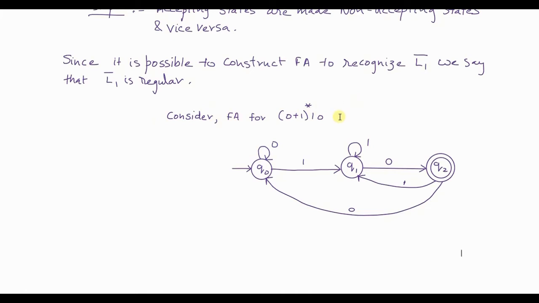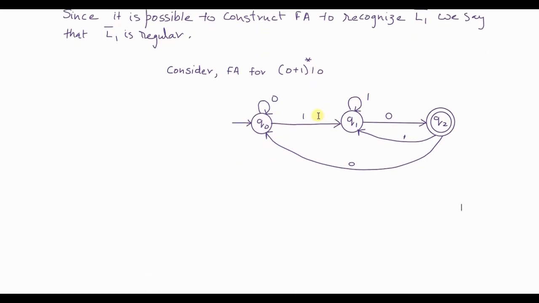There is no restriction on the first half, but the string should always end with 1 0. Let's consider that L1 is a given regular language, and M1 is the automaton for that given regular language L1.